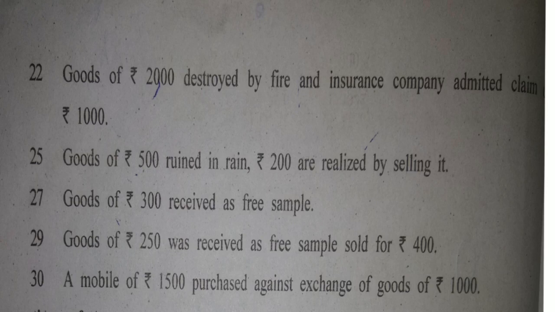Yes, because you have given goods of rupees 1000 and in return you are getting a mobile phone whose price is 1500. पर वो आपको कितने में पड़ा? 1000, because you have given goods of rupees 1000 only in the exchange of same. So rupees 1000 is to be considered and not 1500.